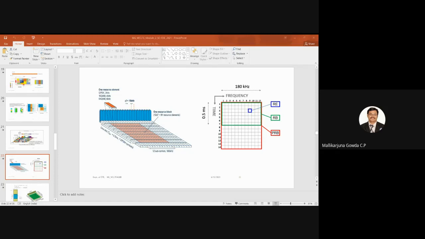If I use 64 QAM, it will be 6 bits. Why 4 bits? 2 power 4 is 16, right? That is why for 16 QAM we say 4 bits will be conveyed. For 64, 2 power 6 is 64. So I can say 6 bits will be conveyed with each symbol.